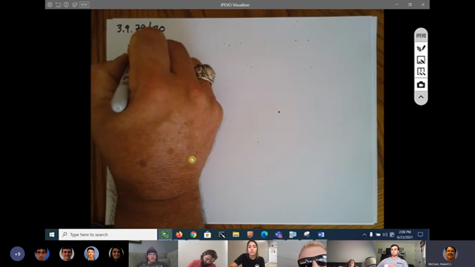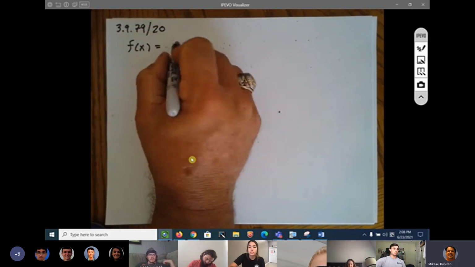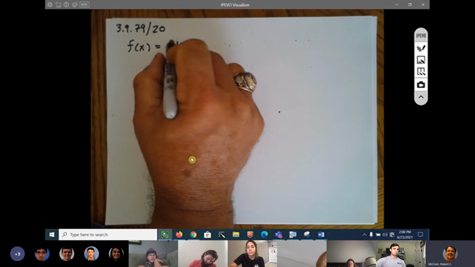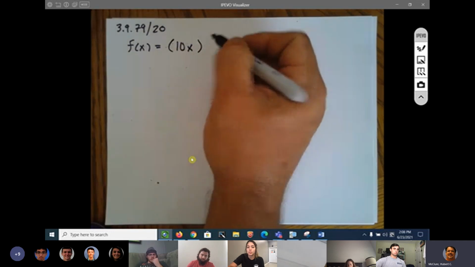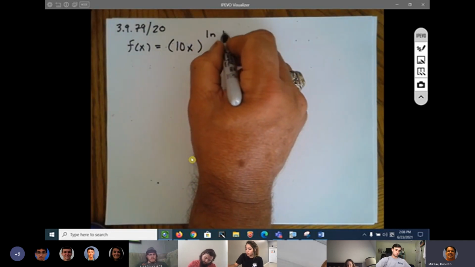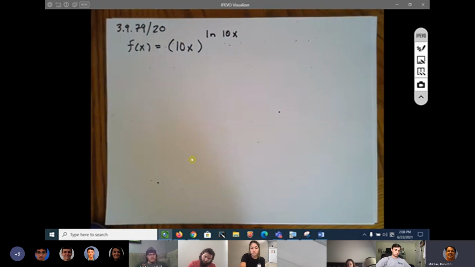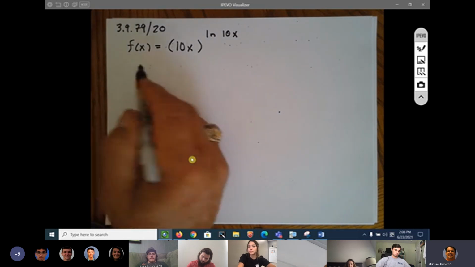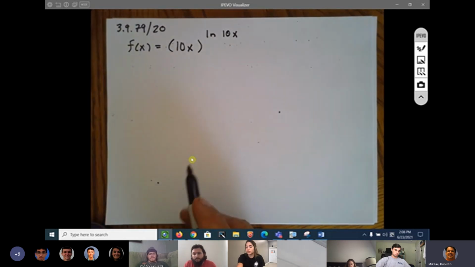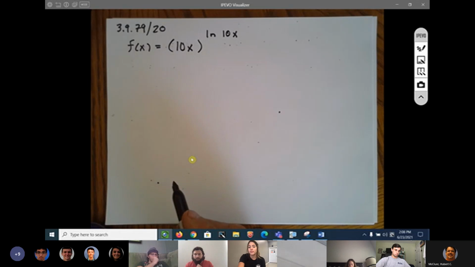f of x is equal to 10x to the natural log of 10x. Okay? So the first thing I would probably do is I would change that to y, and I would take the natural log of both sides. So go ahead and try that.